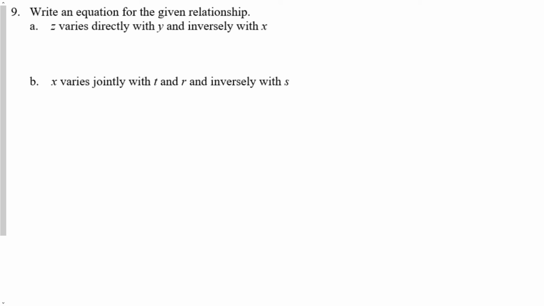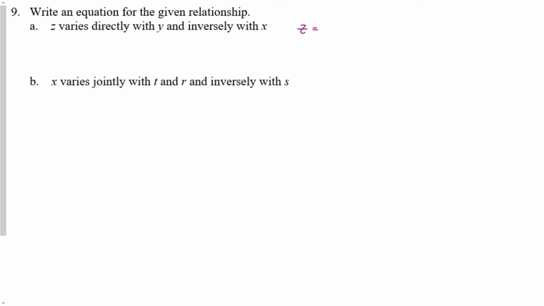So example, for part A, if I'm told that z varies directly with y, okay, there's the first half of that. Z varies directly tells me z equals, as soon as you see varies either directly, inversely, or jointly, you put your equal sign.